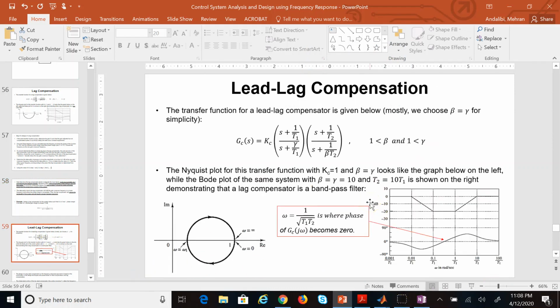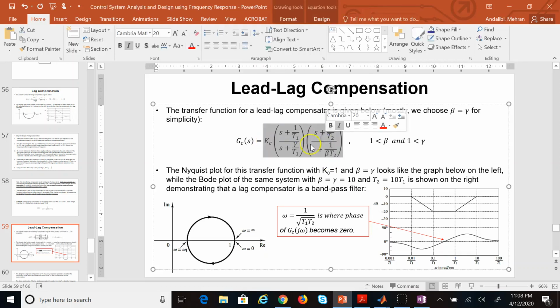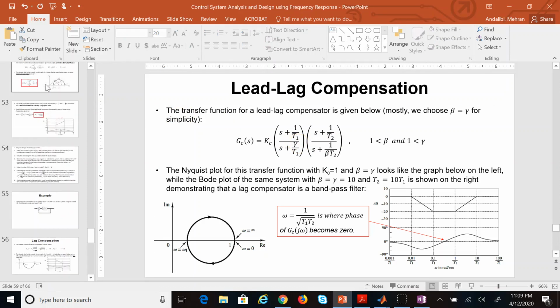Now it is time to look at a lead lag, the combination. So a lead lag, just like what you learned in the previous chapter, is a combination of lead and lag. It has a lead portion, it has a lag portion. It has two parameters, gamma and beta. This gamma is like a reciprocal of alpha that you saw in the lead compensator formula, right?